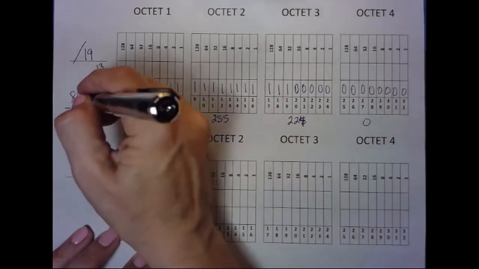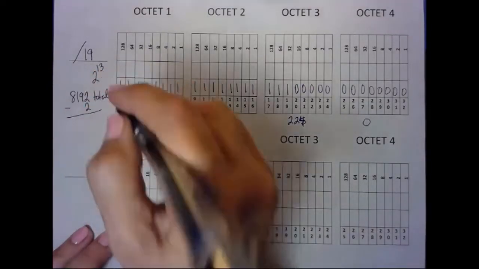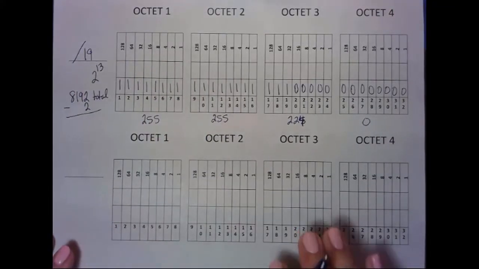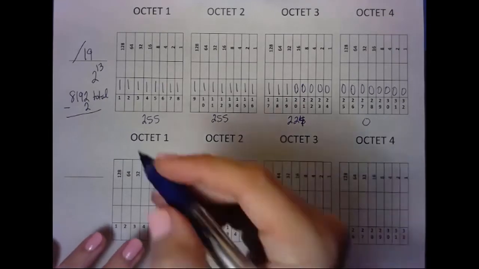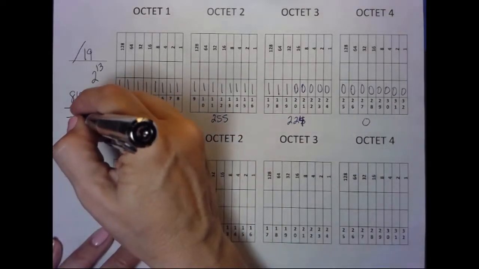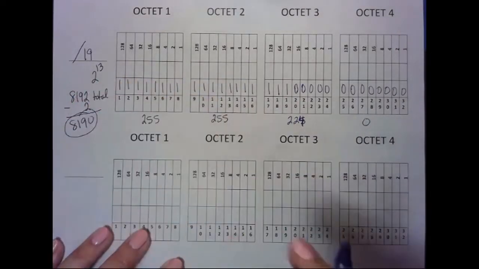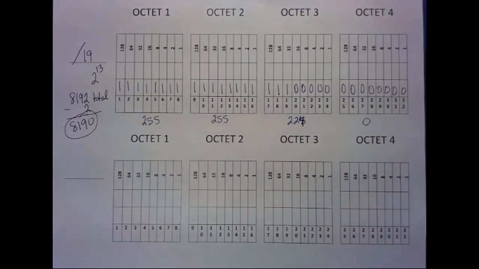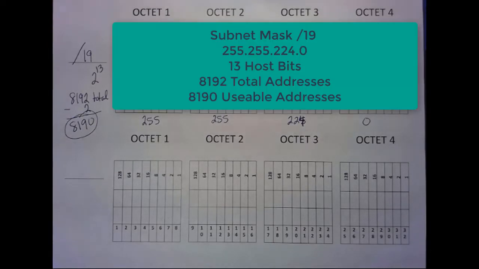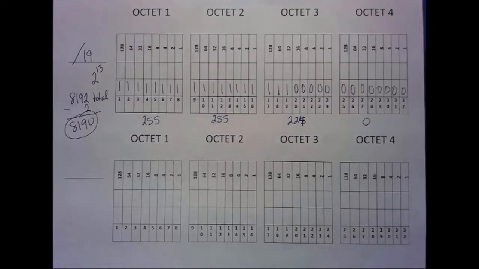I need to subtract 2, because one of them is going to be used for the network, one of them is going to be used for the broadcast. So my usable addresses will be 8,190 usable addresses.